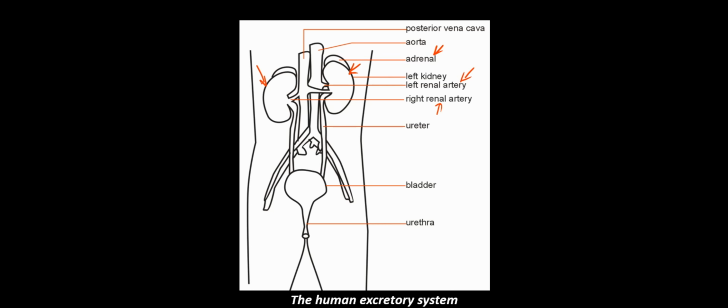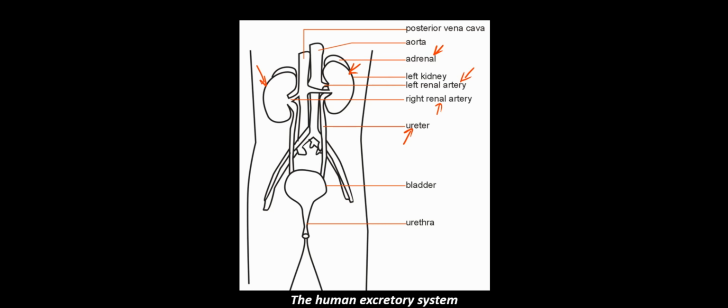The renal artery carries oxygenated blood to the kidney, while the renal vein carries away the deoxygenated blood. The ureter carries urine to the urinary bladder, which temporarily stores the urine until time of excretion.